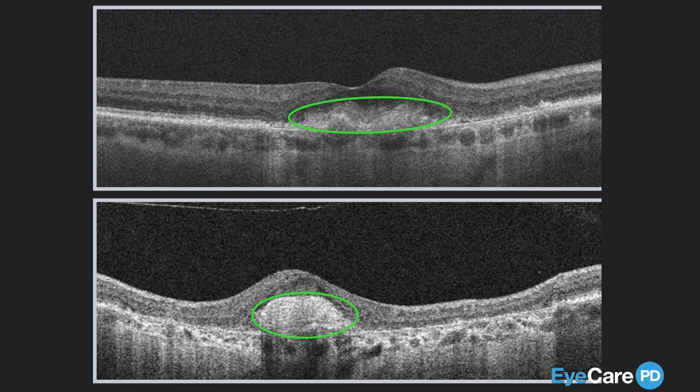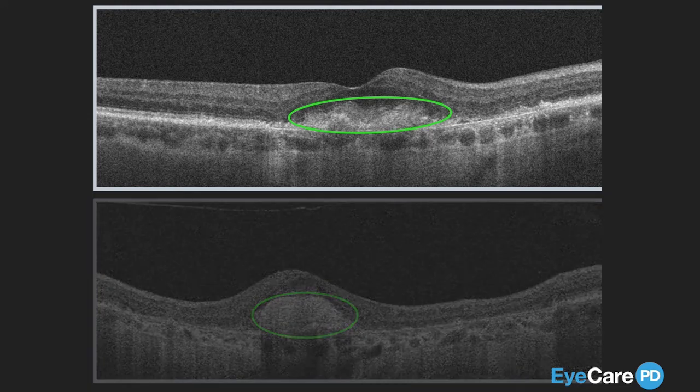As opposed to this area, which is also subretinal hyperreflective material but has a very different appearance in terms of the pixel density. The pixels are much brighter and squished together. You can very clearly delineate the borders. This difference is very important because this determines relative activity. Let me explain.